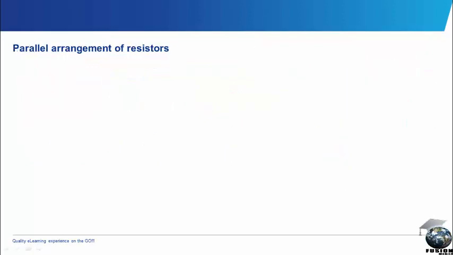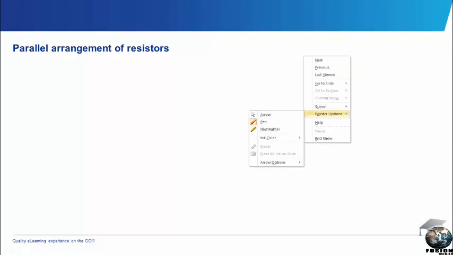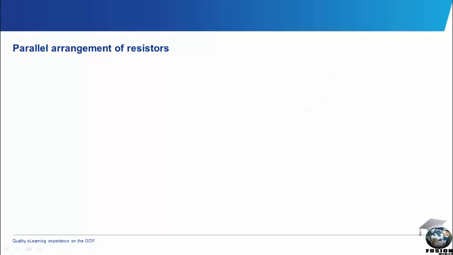I can now take us to parallel arrangement of resistance. Remember, we said there are 2 basic ways which we can arrange resistance, and we say the first one is series arrangement and the second one is parallel arrangement.